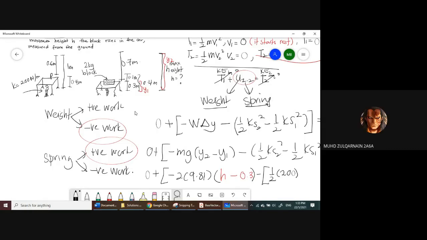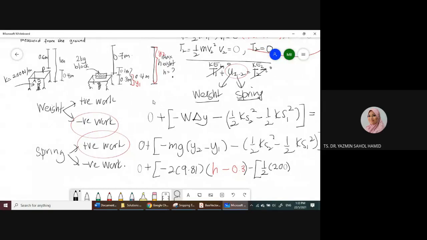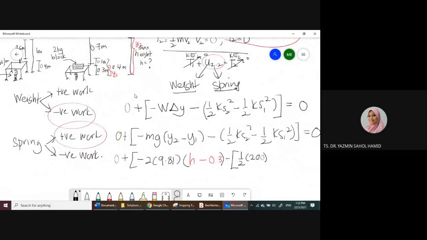Yes, okay, good. So the spring initially compressed 0.7, and without the block it is only 0.6.